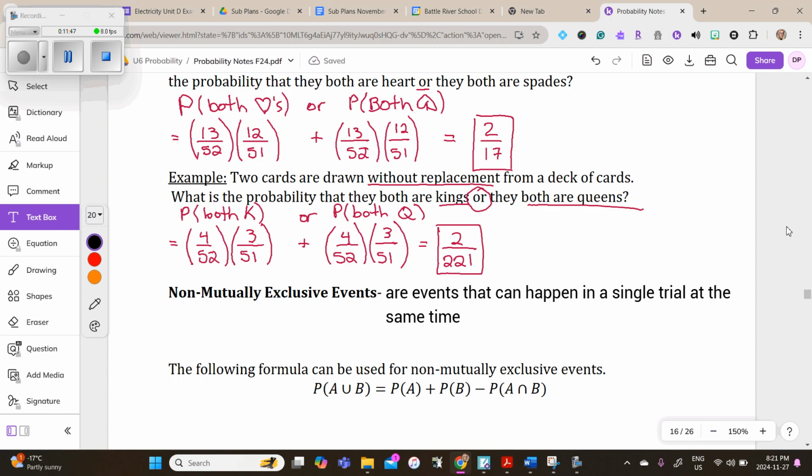If we think about it in terms of a Venn diagram, it would mean that there's overlap between the two events. So for example, if I said draw hearts or draw nines, those are no longer mutually exclusive. They're non-mutually exclusive because we have the 9 of hearts.